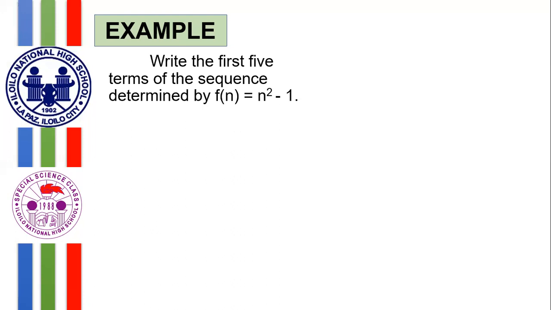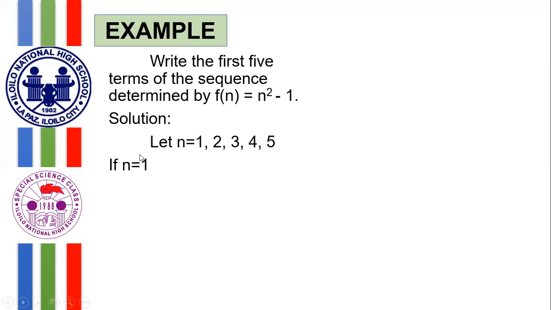So for this one, since we will determine the first 5 terms, then we will let n be equal to 1, 2, 3, 4, and 5. Note that these are the first 5 natural numbers, and so we will be replacing n with these natural numbers and determine the first 5 terms.